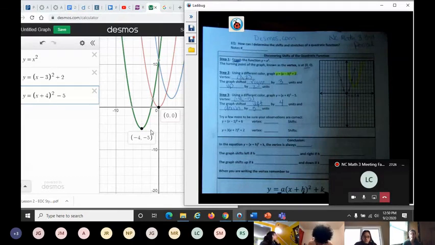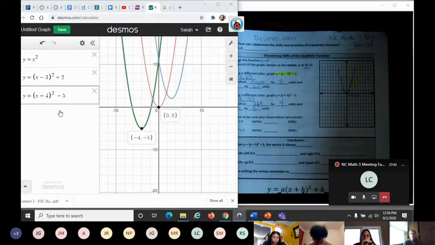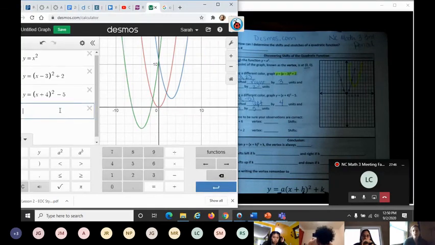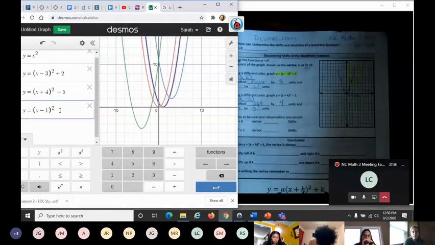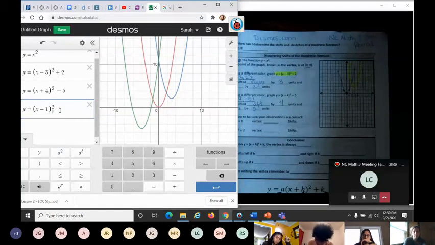So for the next 2, we can notice that we don't necessarily have to graph these functions. We can just look. See, this 4 is here, the 5 is there. And so we can just say the vertex and the shifts. If that makes you uncomfortable and you're still not really sure, we can go ahead and type those in. So the first one is y equals (x minus 1) quantity squared plus 6.